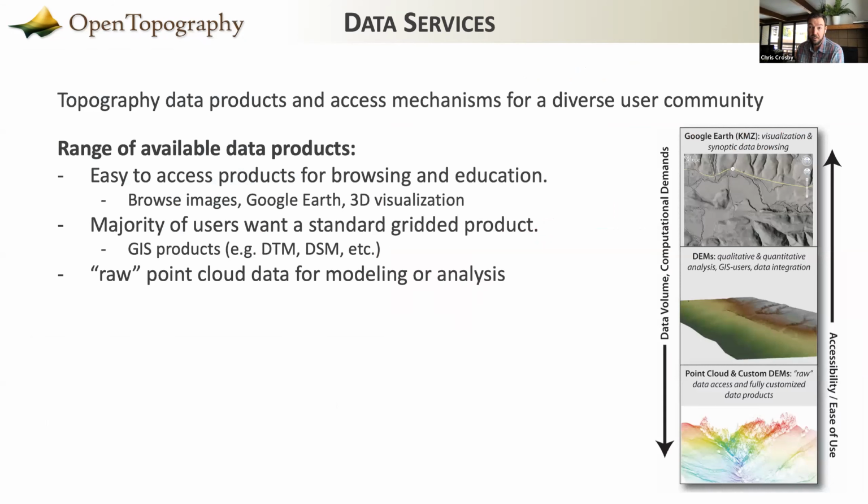Fundamentally, it's a portal or clearinghouse type of interface with a GUI that provides access to both raw data, whether that's point cloud or raster products, through to derivatives. These are things like visualizations and other geospatial data products like contours. A lot of the access is invoked on demand.